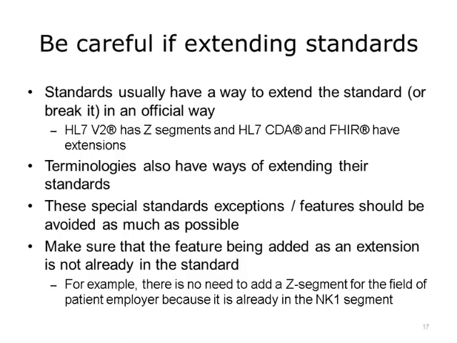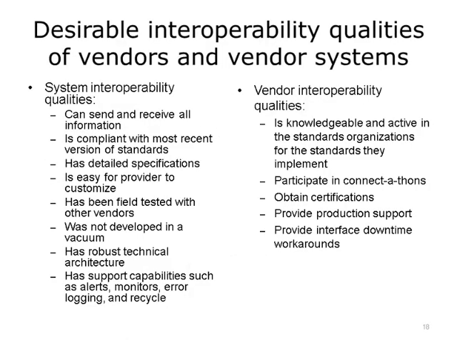At first glance, it may appear that HL7 version 2 does not support patient-employer information. However, that is not correct. It is already covered by the NK1 segment, which covers any associated party to the patient. Vendors should be experts on the standards they are implementing and should ask the standards organizations when they have questions.